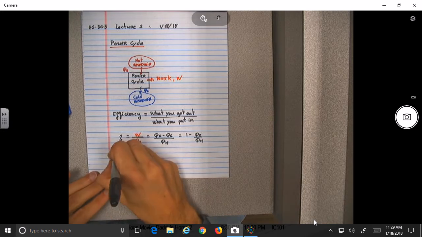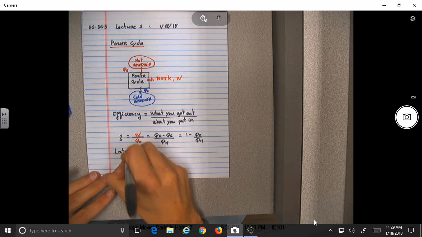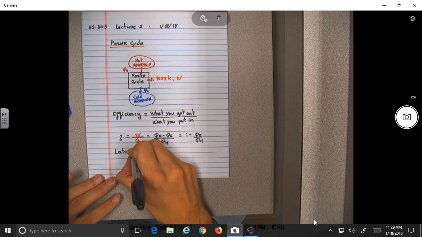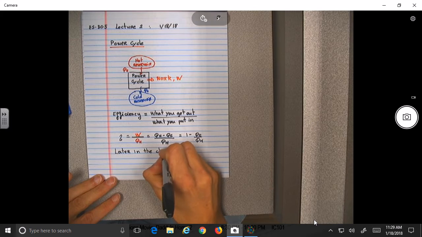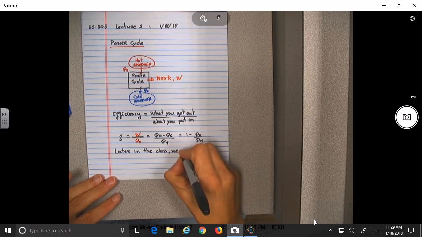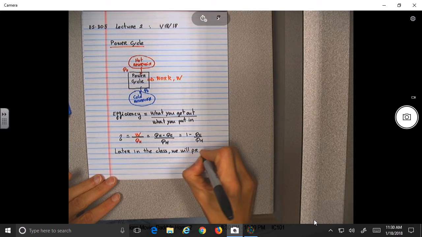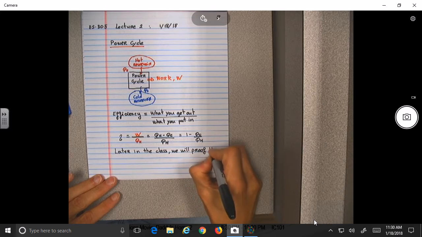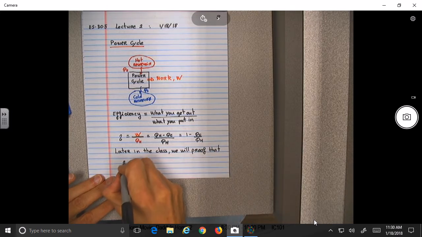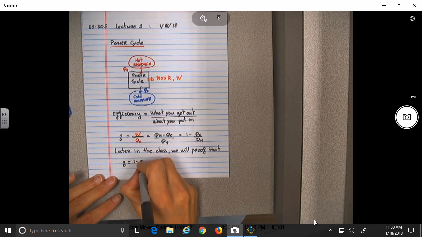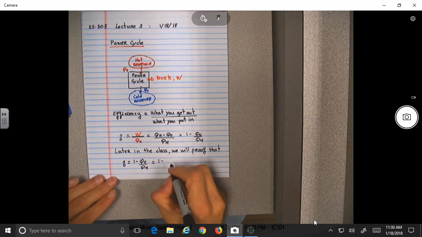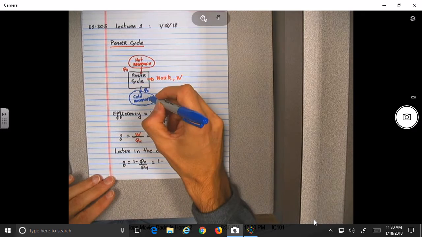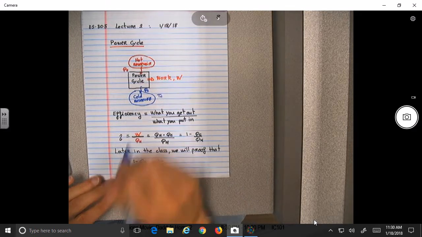Okay, so this is very easy to understand, but it takes about 4 or 5 pages to prove it. Later in the class, we will prove that this equation, the efficiency, which is equal to 1 minus Q cold over Q hot, is equal to what? 1 minus, so if you have a cold reservoir, this will be at a certain temperature, Tc, no?